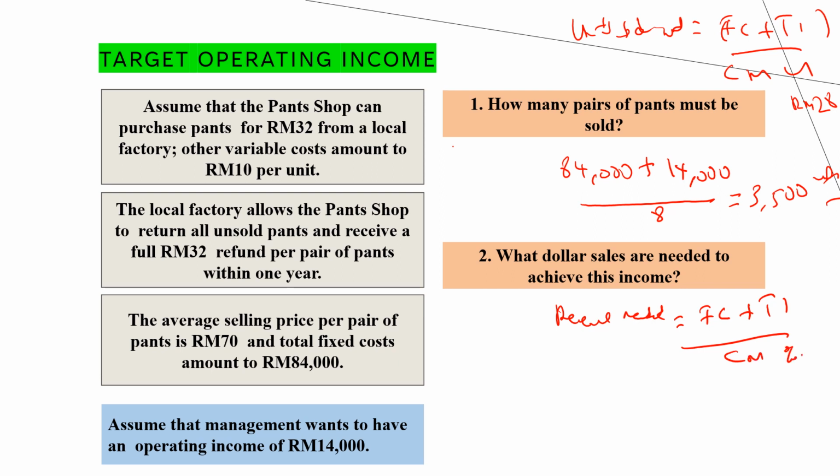We know that this is 40% from the previous example. So you just plug in 84,000 plus 14,000 divided by 40%, and you get 245,000. So this is the answer.